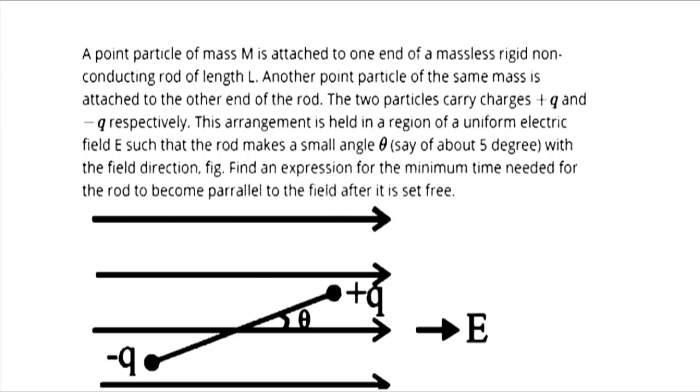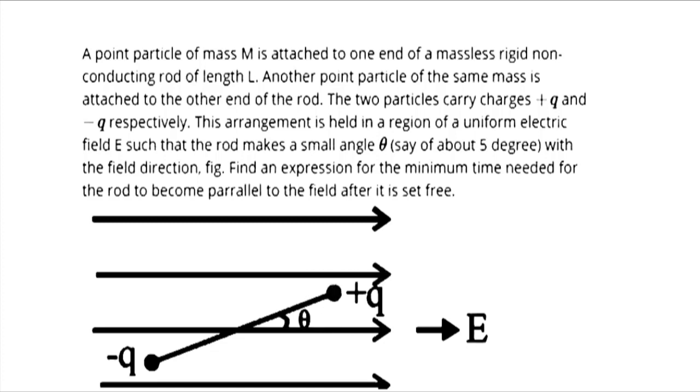So here in that position, this is the dipole moment. We need the minimum time for the rod to become parallel, which means it will come here, parallel to the field. So how much time will it take? Firstly we have to find the dipole's time period.